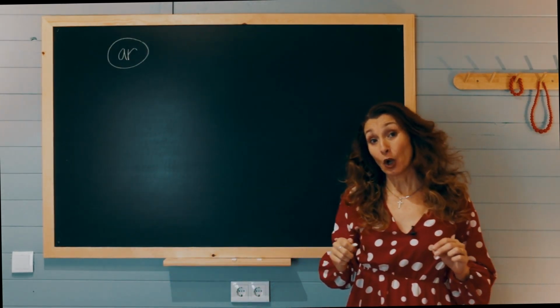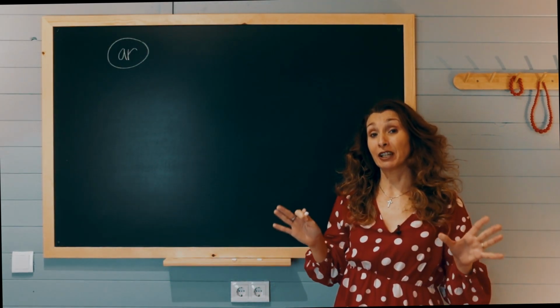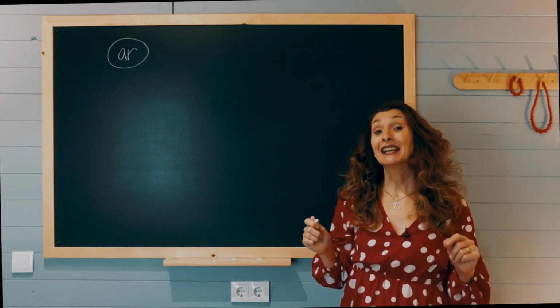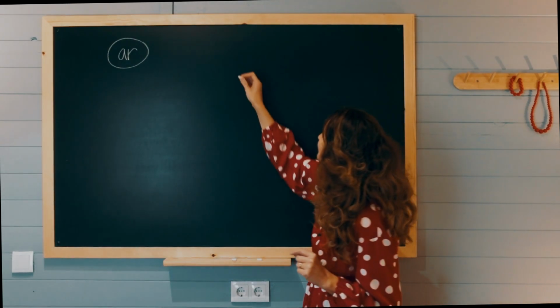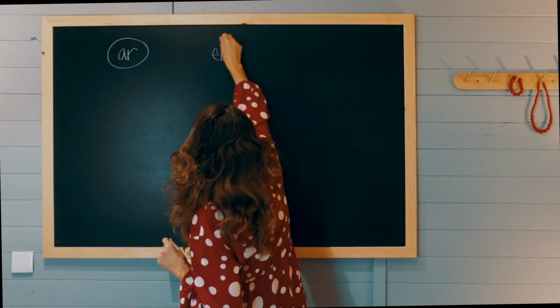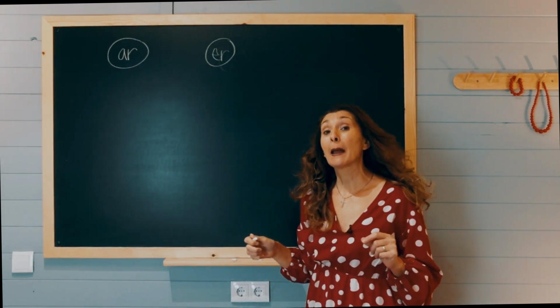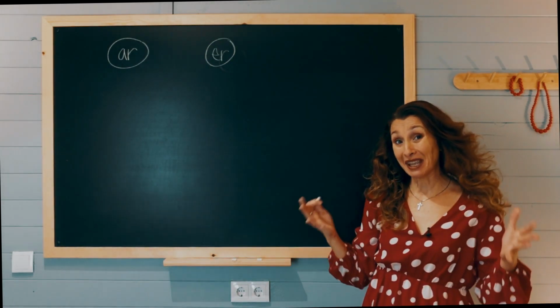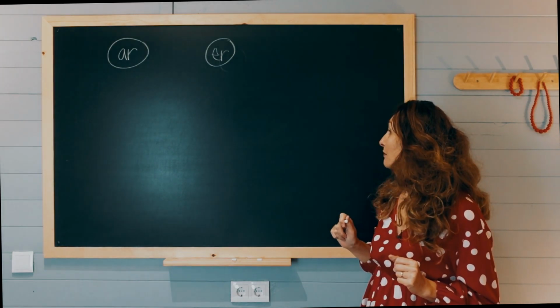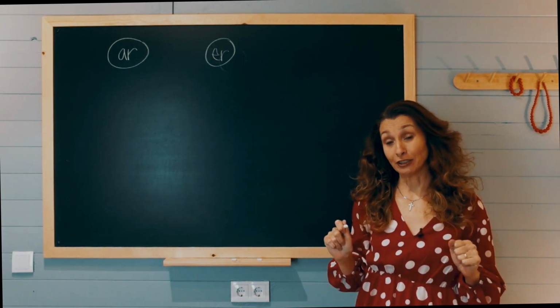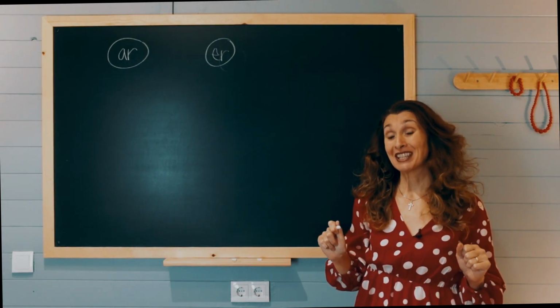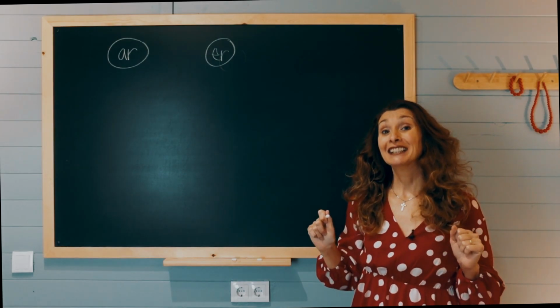The second conjugation are all the verbs ending in er. For example, beber, temer, etc. And the third conjugation are all the verbs ending in ir.